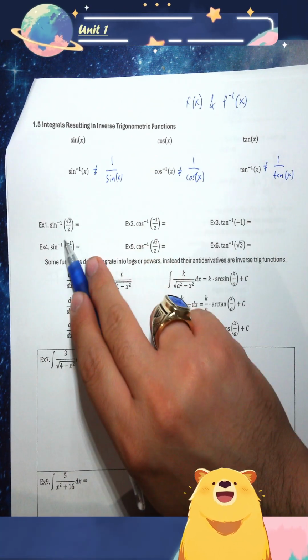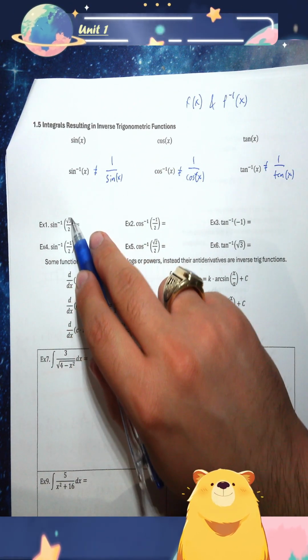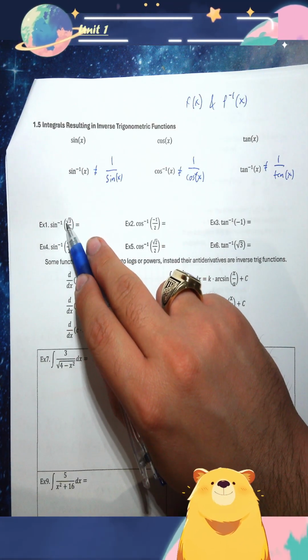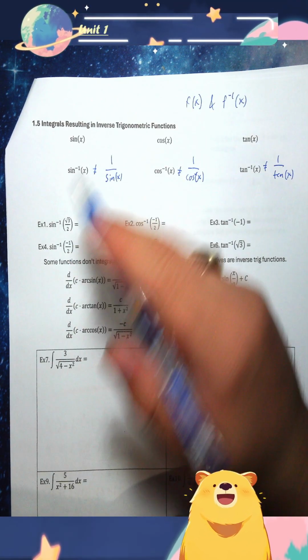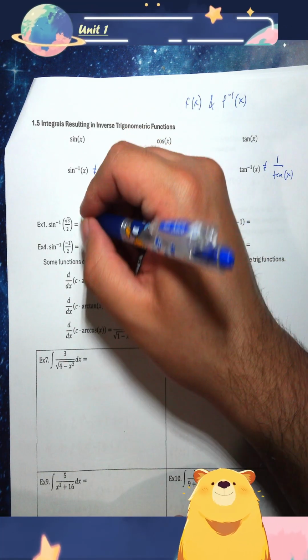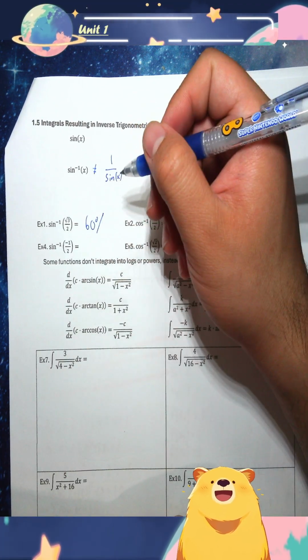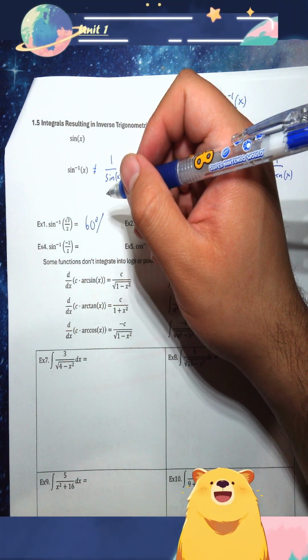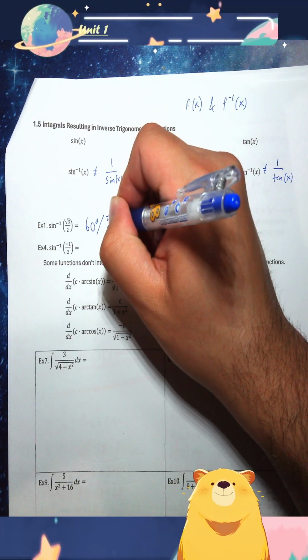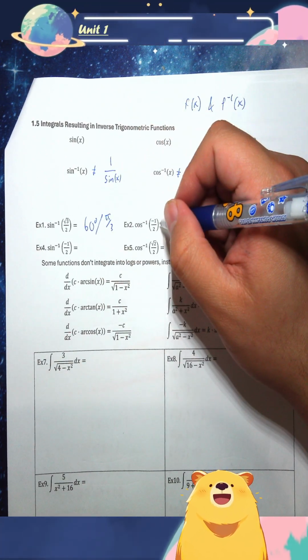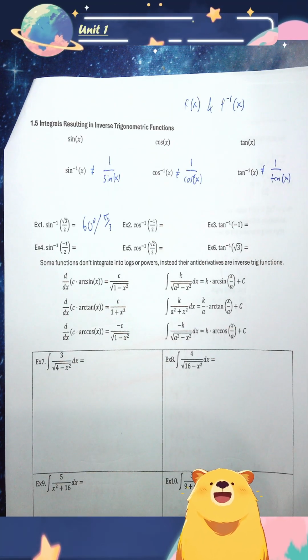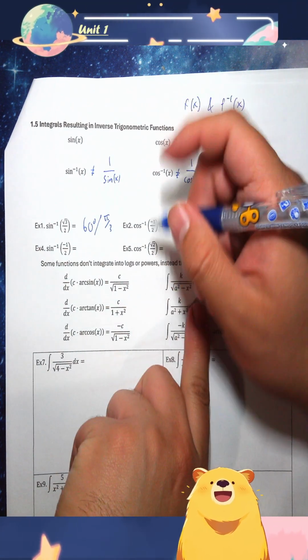So that means you go backwards. For example, an angle that gave us square root of 3 over 2, that angle would be 60 degrees, or you would say, it's pi over 3. For here, 1/2, but negative, that would be in the other quadrant.